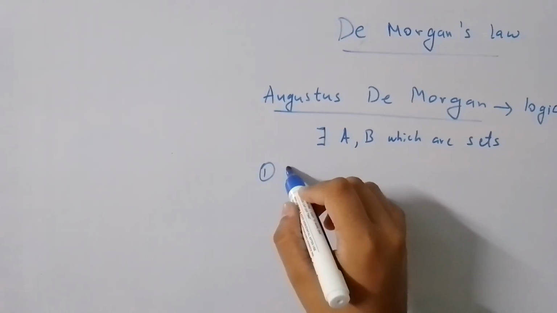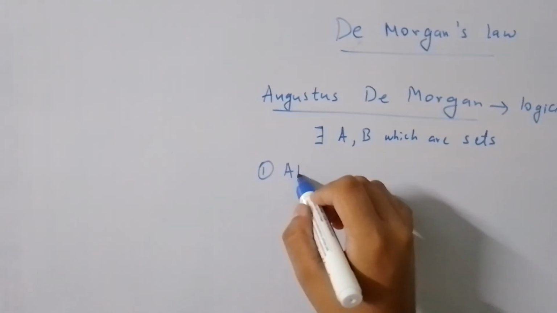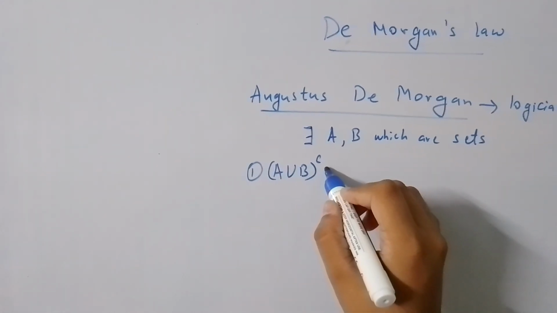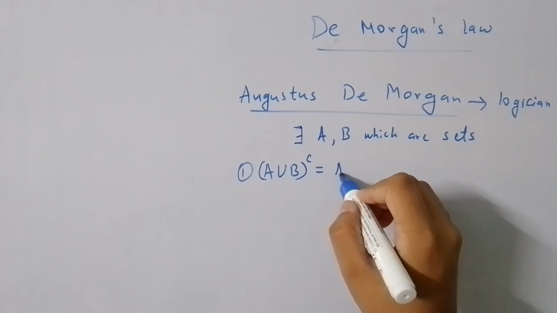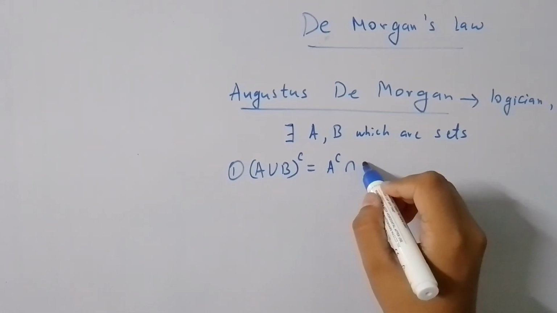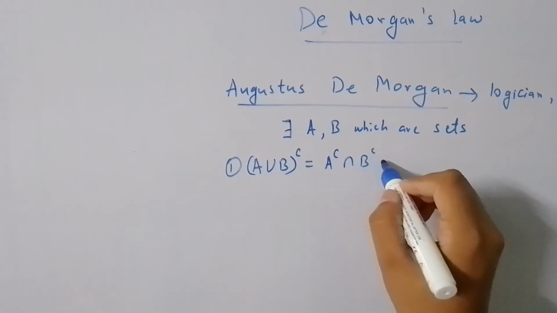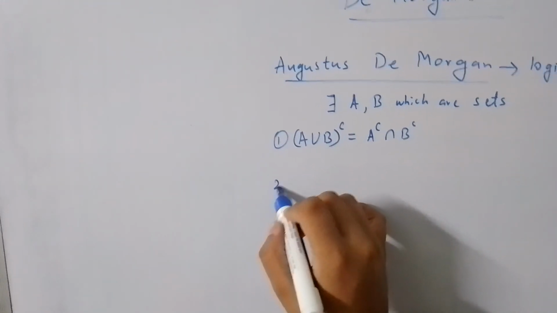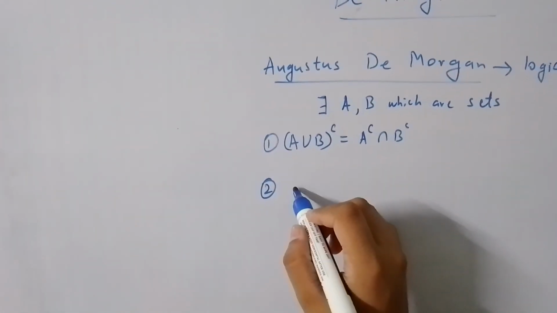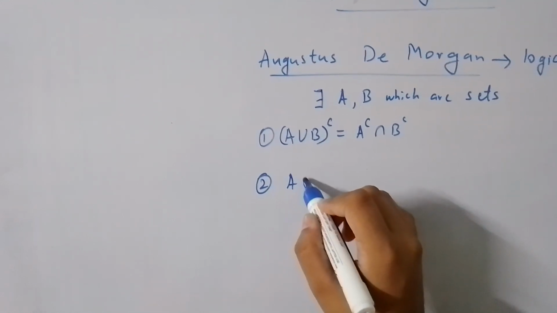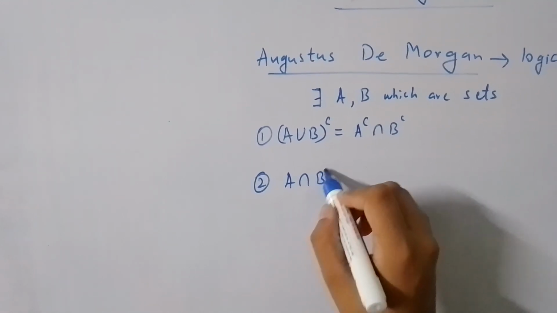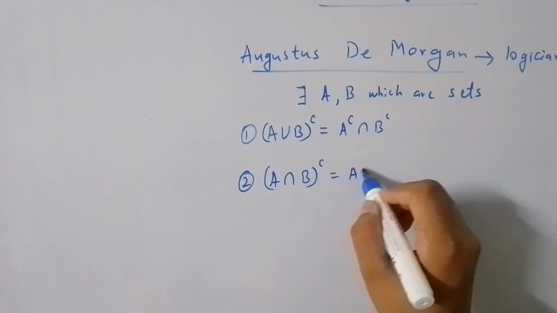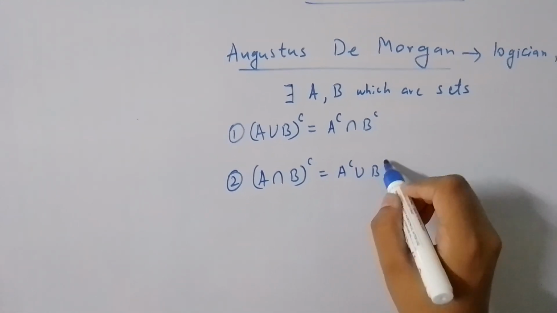The first law was A union B whole complement is equal to A complement intersection B complement. And the second law he told was A intersection B whole complement is equal to A complement union B complement.